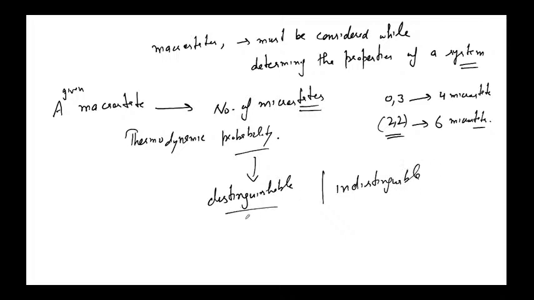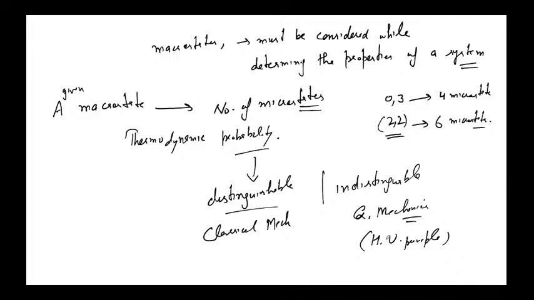Classical mechanics treats the particles as distinguishable, while quantum mechanics, where the Heisenberg uncertainty principle applies, treats them as indistinguishable. This we will discuss in detail in the third and fourth unit.